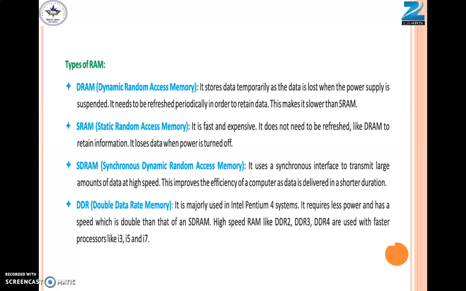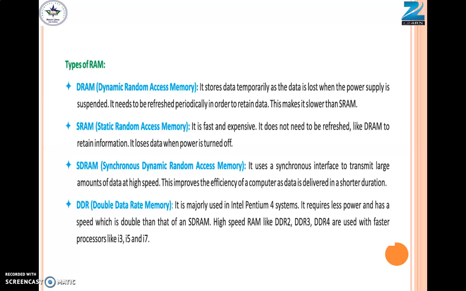Then the third category is SDRAM, synchronous dynamic random access memory. It uses a synchronous interface to transmit large amounts of data at high speed. This improves the efficiency of a computer as data is delivered in a short duration. Why is it called synchronous?